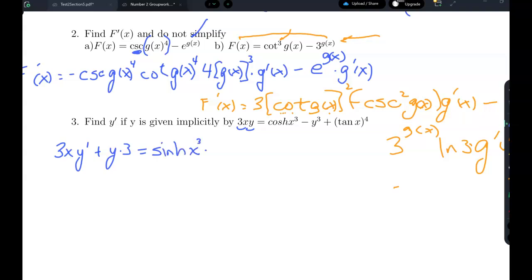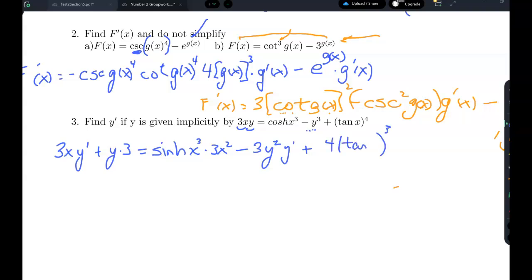Carry the angle and then multiply by the derivative of the angle. Minus derivative of y cubed is 3y squared y prime plus, make some room here, the derivative of just regular tangent to the 4th. So that's 4 tangent cubed of x, and now derivative of tangent, which is secant squared.